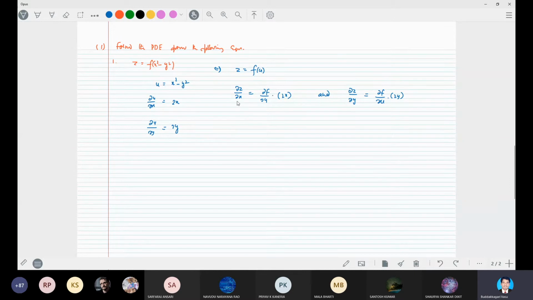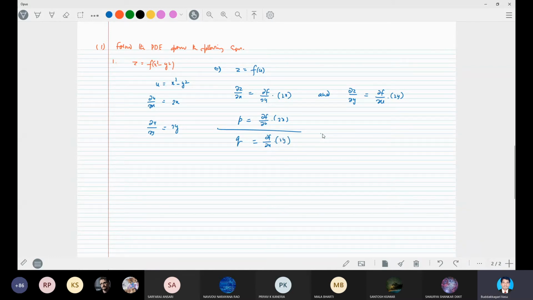So p is equal to dou f by dou u into 2x, and q is equal to dou f by dou u into minus 2y, right?